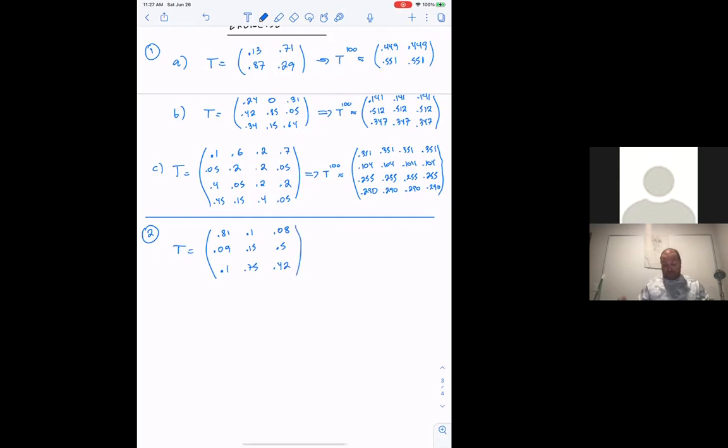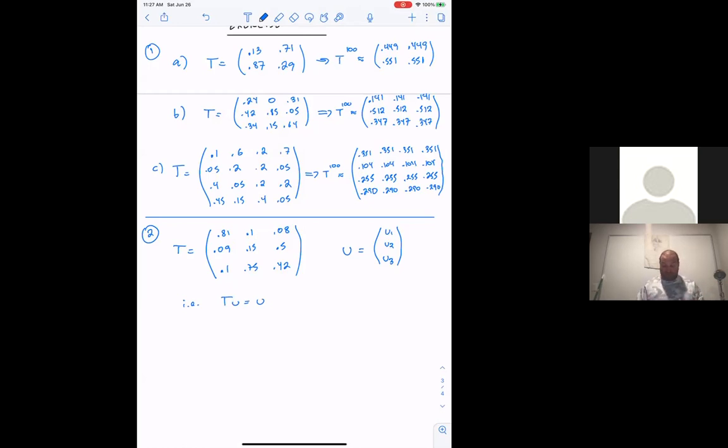It's obviously regular. Everything is non-zero. It says let U, and U is a vector, U1, U2, U3, be the steady state probability vector. In other words, TU is equal to U. Right?